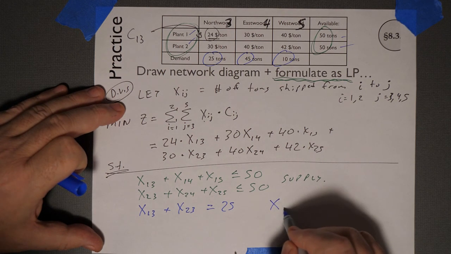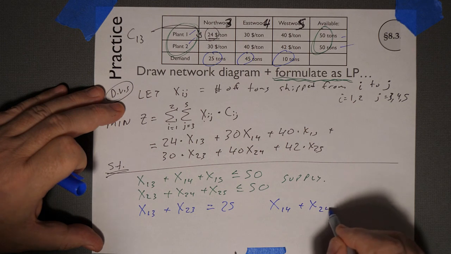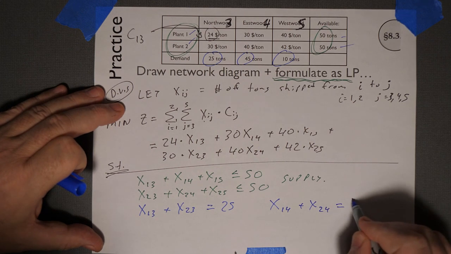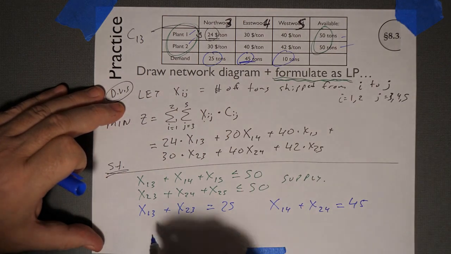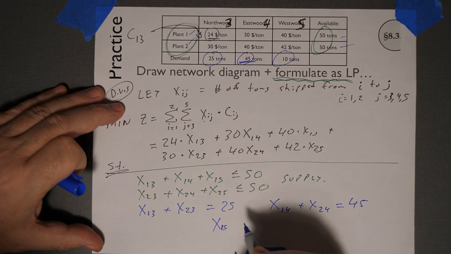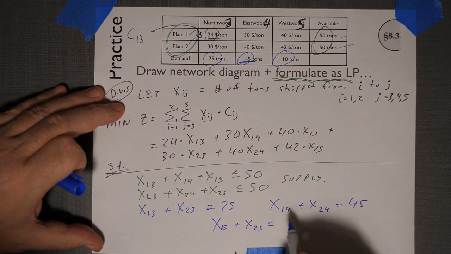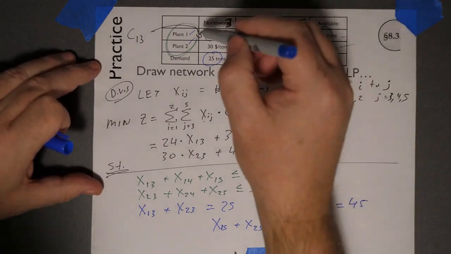Everything coming into 4 from node 1 or node 2 has to equal the 45 tons that's demanded there. And finally, everything coming into node 5 from 1 or from 2 has to equal the 10 tons that's required there.